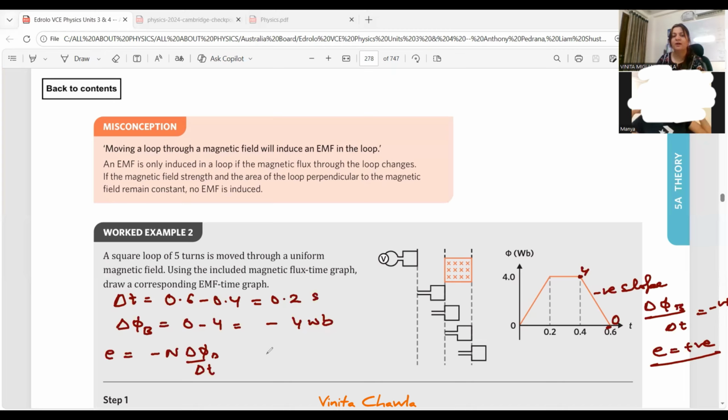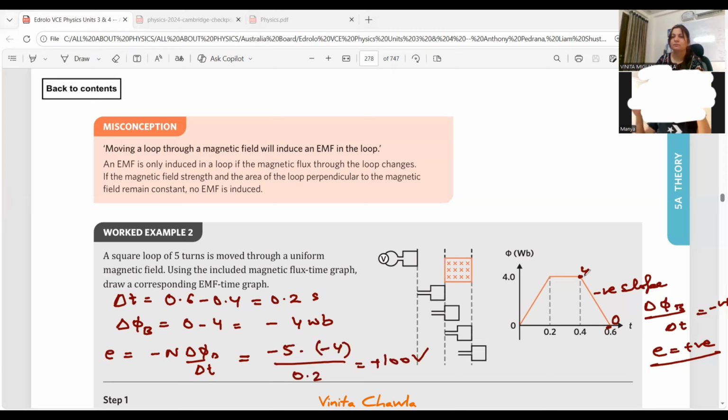Right? So again, find the value. You'll get the same value because the change is the same. So minus 5 into del phi B, which is minus 4, divided by 0.2. So you'll get 100 volts this time, plus 100. So how will you draw the graph for EMF for this particular situation?